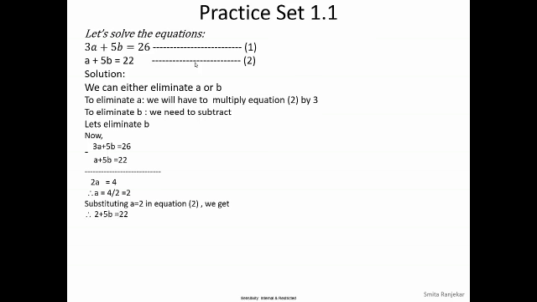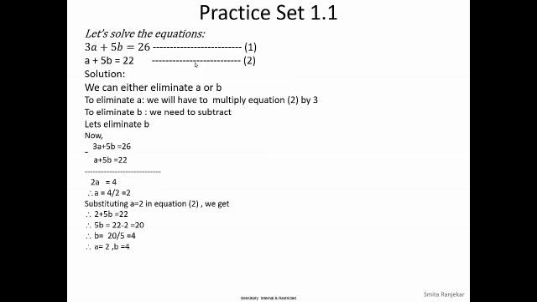So it will be 2 plus 5b is equal to 22. So 5b is equal to 22 minus 2, which is equal to 20. So b is equal to 20 divided by 5, which is equal to 4. Therefore, a is equal to 2, b is equal to 4. So (a, b) is equal to (2, 4) is the solution.